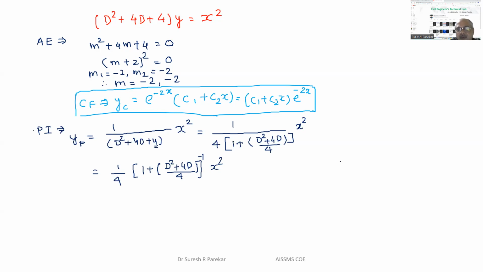Now we know the formula for 1 plus x to the power minus 1. With plus and minus alternating, we have 1 minus x plus x square minus x cube, likewise. Now till what term do we require? We have x to the power 2.